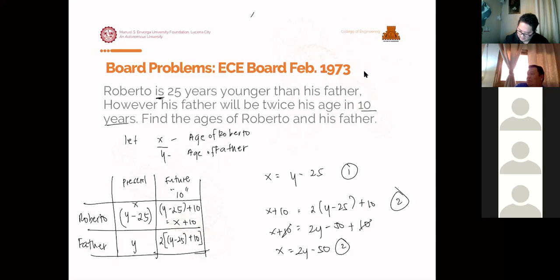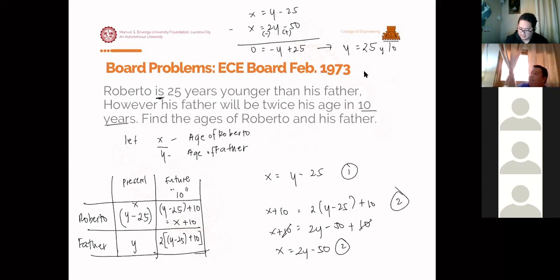So x 15 is equals to y minus 25, minus x is equals to 2y minus 50. So kung minus yun, magma-minus to, tapos plus. So 0, this will be negative y, then this will be plus 25, or y is equals to 25. So yung present age ng tatay niya is 25 years old.